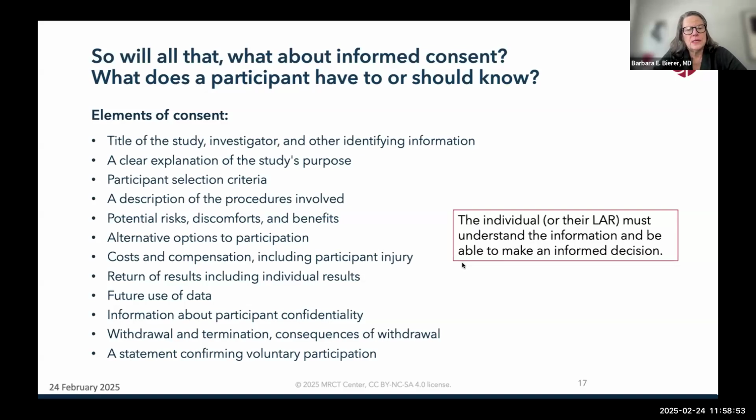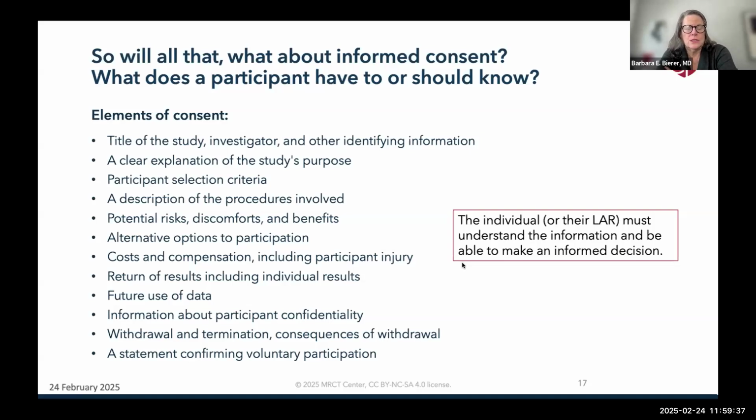We have the title of the investigator, the study, other identifying information, a clear expectation of the study purpose, the participant selection criteria, a description of the procedures involved, if it's interventional, not if it's not, potential risks, discomforts, and benefits, alternative options to participation, costs and compensation, including subject injury, the return of results, including individual results, the future use of that data, information about confidentiality, withdrawal and termination, consequences of withdrawal, should you be withdrawn or withdraw yourself, and a statement confirming voluntary participation.